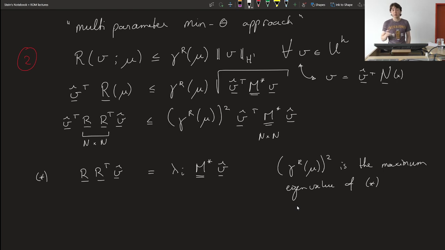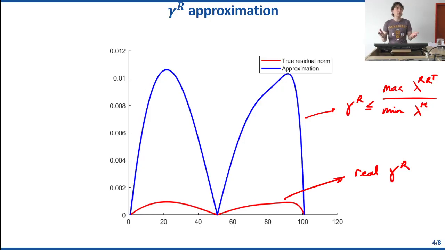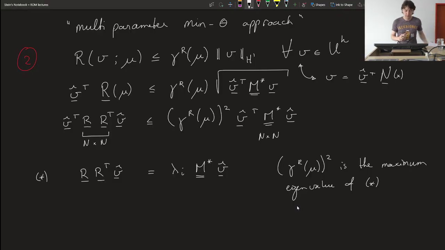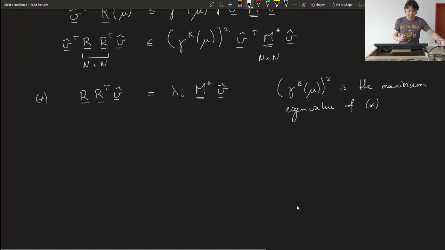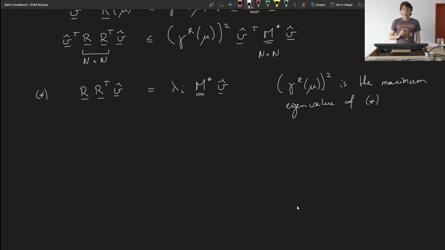But this is a very expensive eigenvalue problem, and I can do that just to show you guys this graph, but in principle I wouldn't want to do this during my reduced basis method. So we're still going to have to manipulate this a little bit. And the first thing we can do is write a generalized eigenvalue problem as a regular eigenvalue problem. Well, not always, but if the right-hand side, the mass matrix, is invertible. And in this case, because it is a mass matrix, it is invertible.